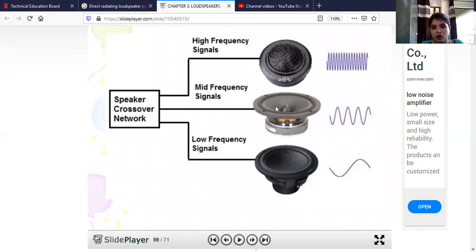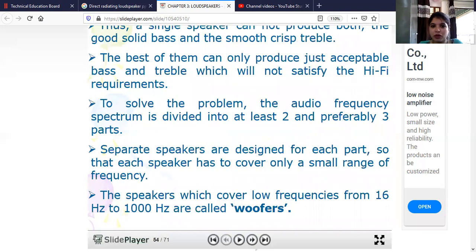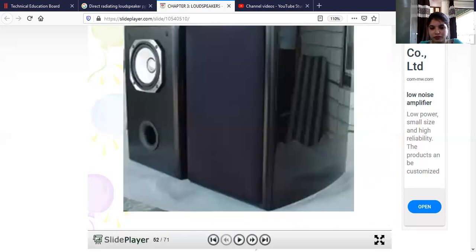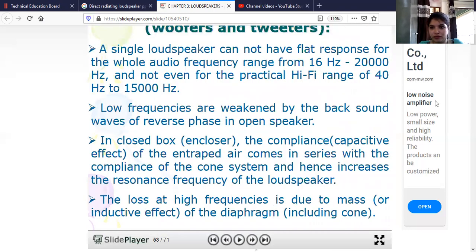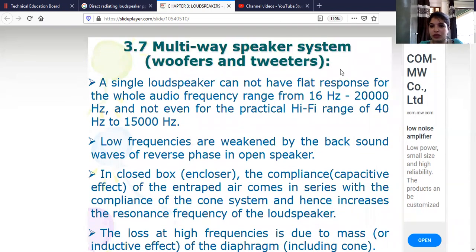Otherwise, the crossover network is the main question which may be asked for 5 marks, as in previous question papers. So this is all about multi-speakers: multi-way speaker system, woofer and tweeter.